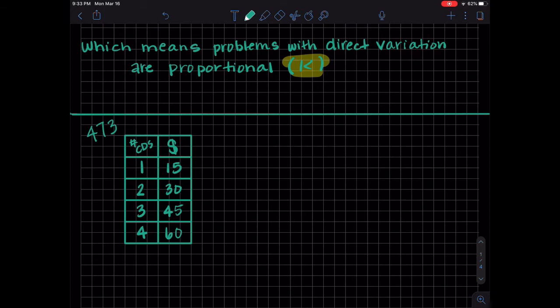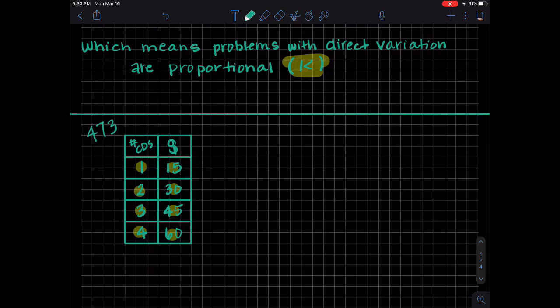One CD sold for $15, two CDs sold for $30, three sold for $45, and four for $60. Let's see if this is proportional.